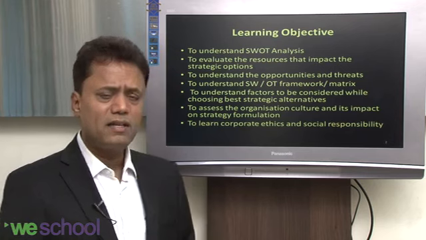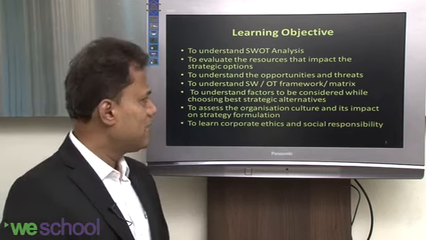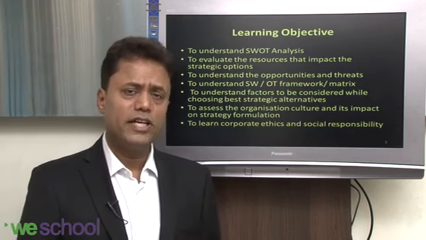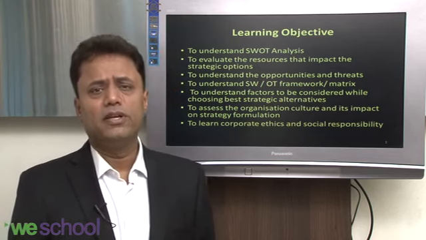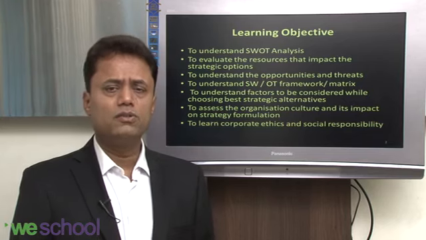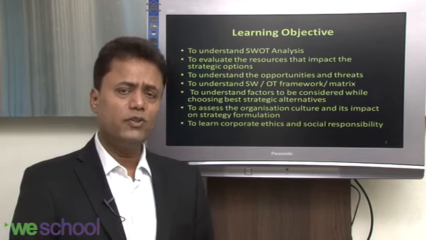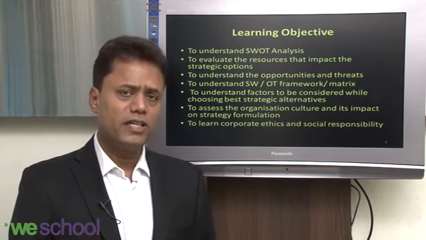We also understand the strength, weakness, opportunity and threat matrix, which is basically a framework which helps you arrive at the strategic alternatives and strategic options, which you can formalize in order to move into the execution stage. So you need to identify a clear set of alternatives.